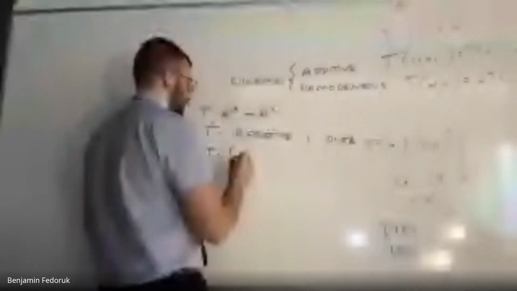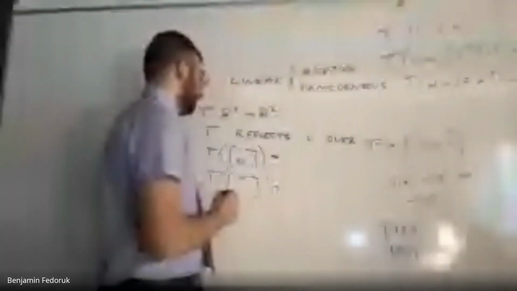What you do is you take your basis and you apply T to each basis element. In this case, our two basis elements are 1, 0 and 0, 1. If T reflects whatever you put into it over that line, then what happens to 1, 0, which is like i hat or E1? What happens to that unit vector?